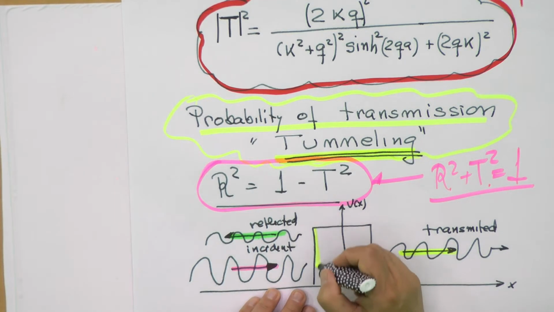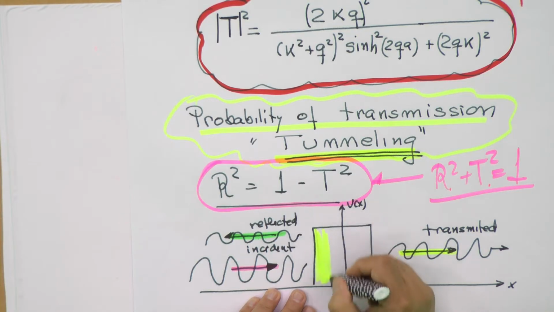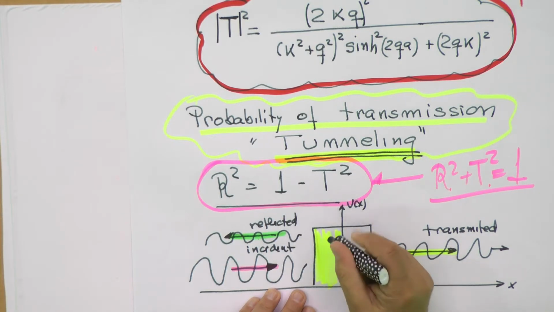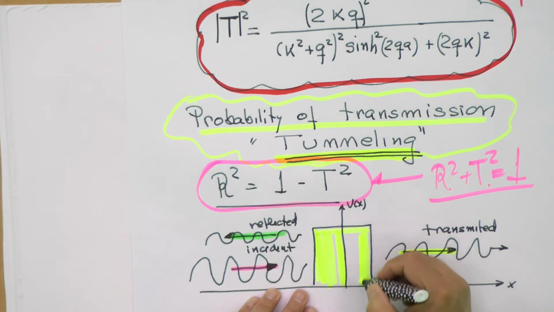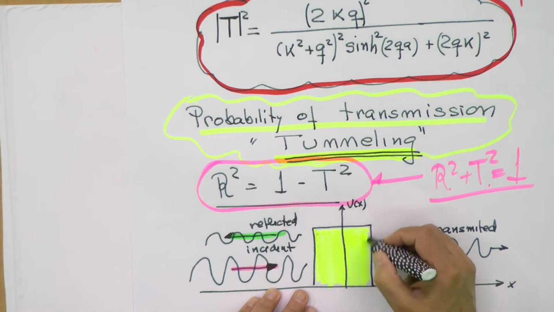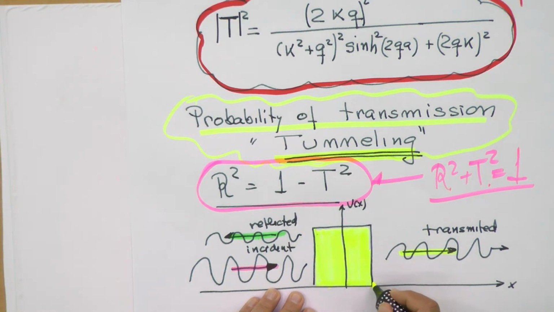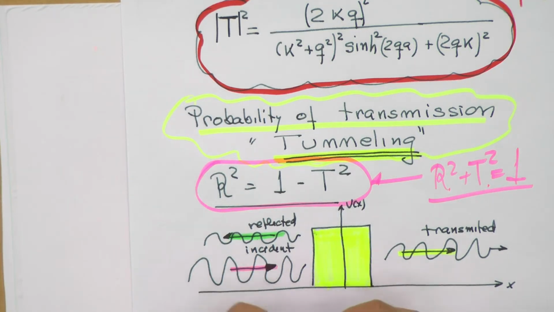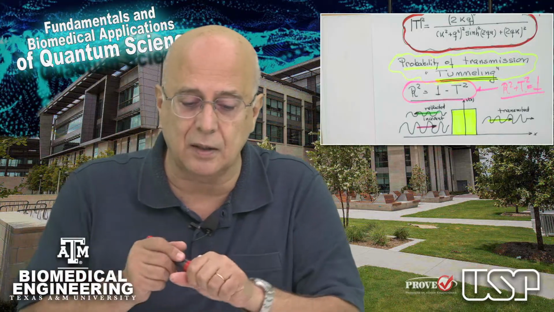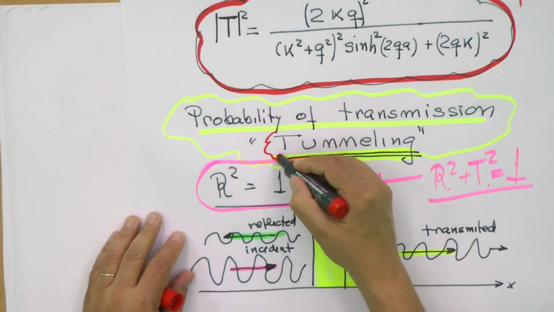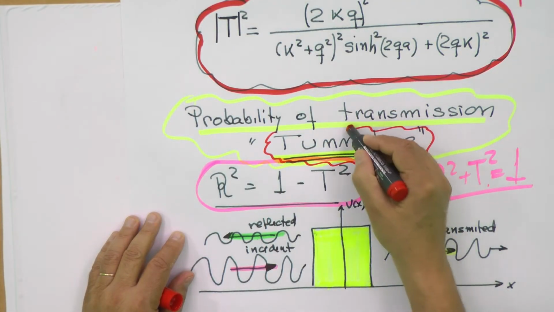So we have this barrier now, which represents a part of space where the particle cannot exist classically, but it does quantum mechanically. And the reason it does is because the phenomenon of tunneling is present. So tunneling is a name that we cannot forget now. And what is tunneling?